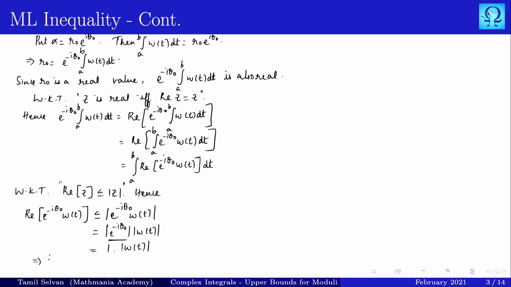So finally, the real part of e to the power minus i theta naught w of t is smaller than or equal to the absolute value of w of t.